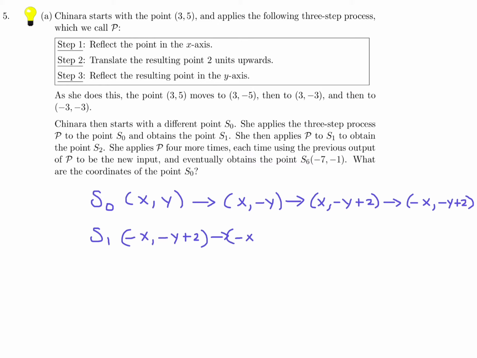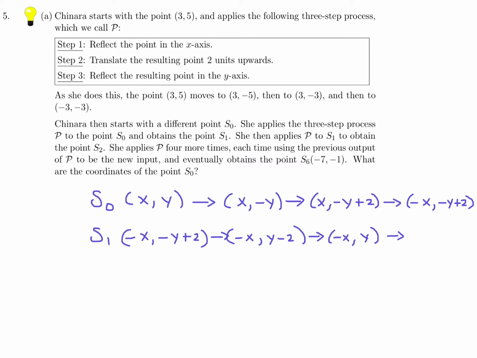So this will become 2 minus y. Or, sorry, it would be y minus 2. You're multiplying by -1. Now you've got to raise it up by 2. So the x-coordinate doesn't change, but you add 2, so it just becomes y.